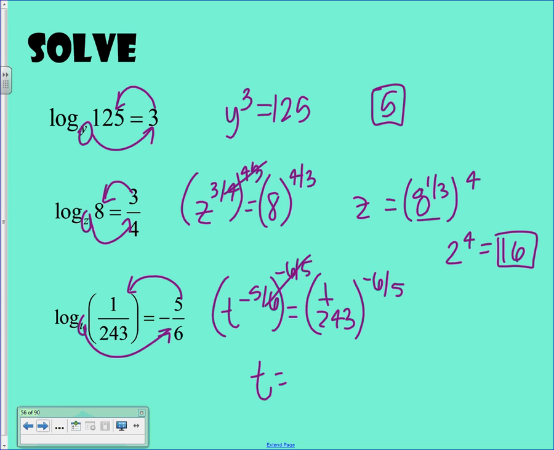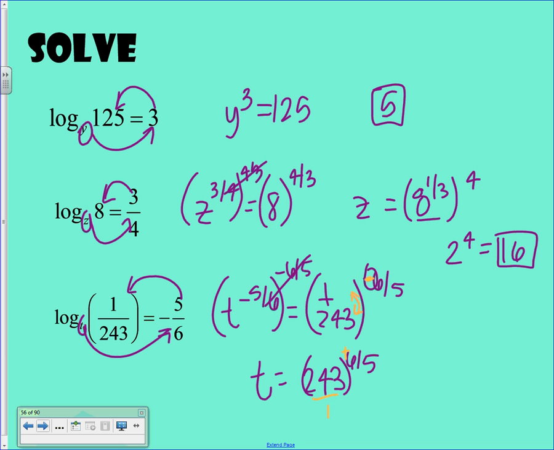So now I have 1/243 to the -6/5. Well, I'm going to take care of this negative first because I know a negative flips my answer. That means I can have 243 to the +6/5. What I did, again, because this is a negative, the negative flips what's on the inside of the parentheses, so I can make it positive by making that 243/1.